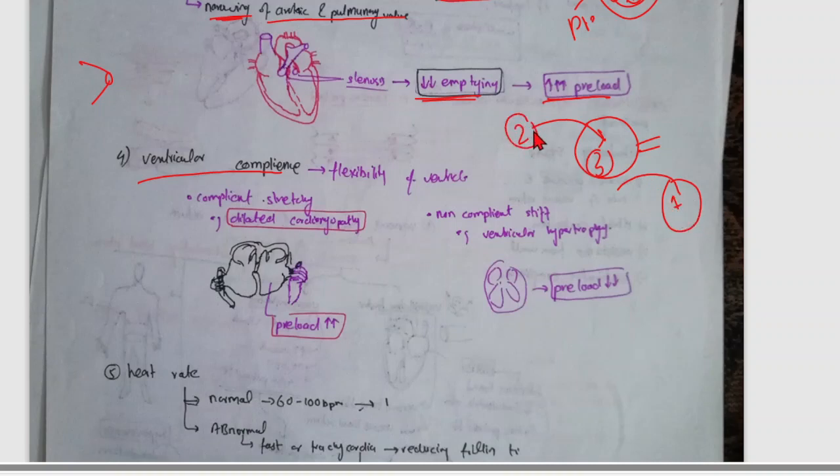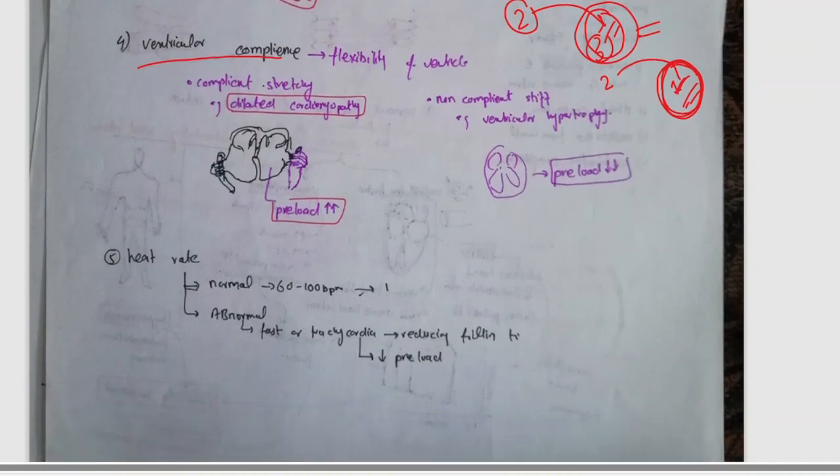If 2 liters moves to this and 2 liters moves to this, the preload must be greater here because it can't occupy 2 liters, while this one occupies 3 liters. So here the stress is less. Here the stress and the preload are much higher. Okay, you have to remember this.